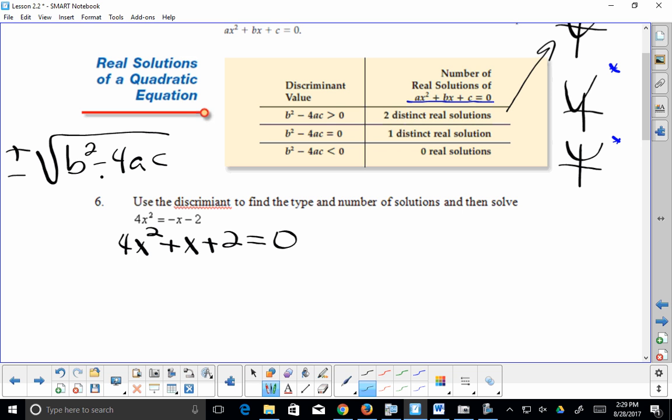And then all we're going to calculate is the discriminant to tell how many and what types of solutions we have then.